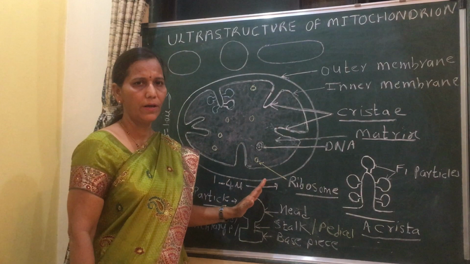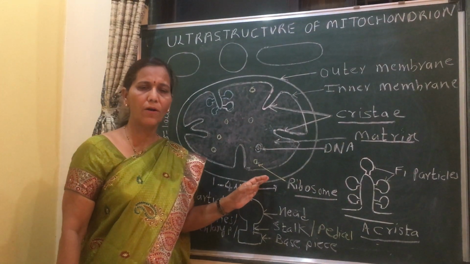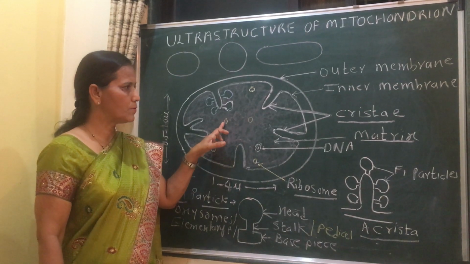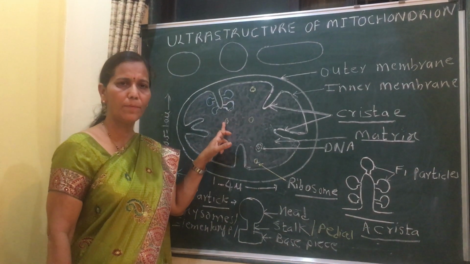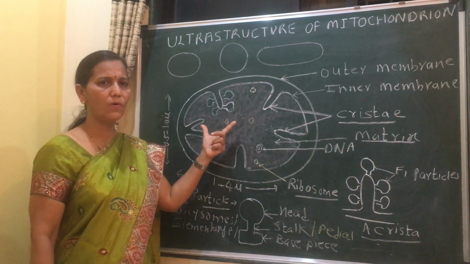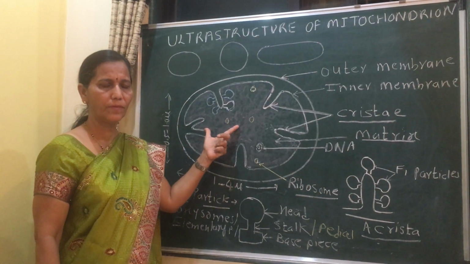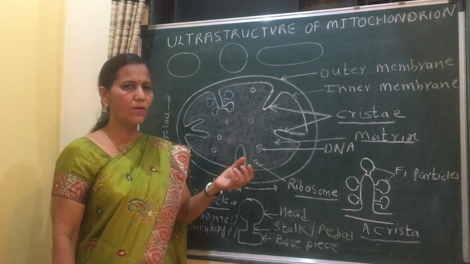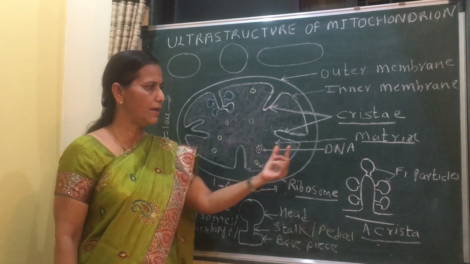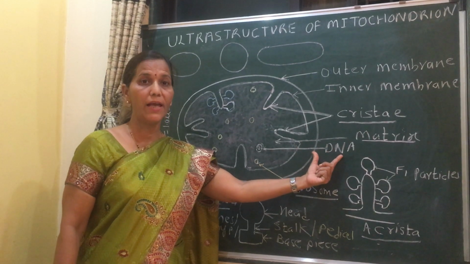Function of mitochondria: it is the powerhouse of the cell. As it contains ribosomes, you know the function of ribosomes is protein synthesis, so it is also involved in protein synthesis. Mitochondria, chloroplast and centriole are the three organelles which contain DNA.